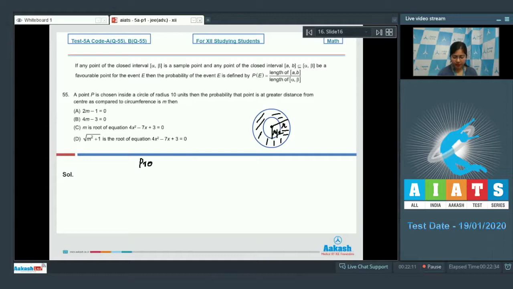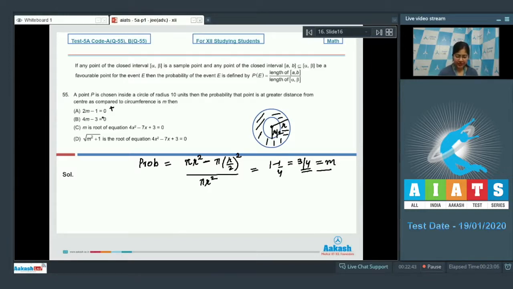So the required probability will be equal to area of the shaded region, that is area of whole circle, pi r square, minus area of the inner circle, pi (r by 2) square, divided by area of the large circle, pi r square. So this is equal to 1 minus 1 by 4, that is 3 by 4. So this is given to be equal to m.